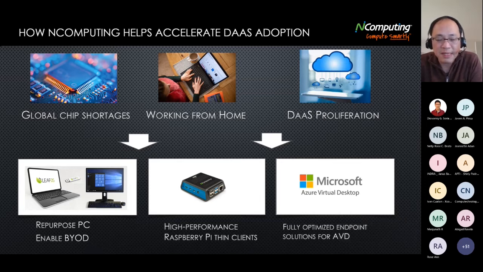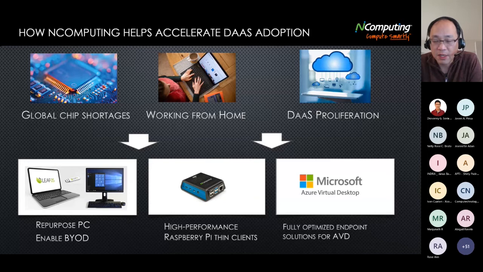LeafOS enables that. You can boot to a USB pen drive without touching the underlying Windows operating system. At the same time, everything can be centrally managed. We also have a highly optimized solution based on the Raspberry Pi 4 platform. This is actually one of the benefits of moving to the cloud.